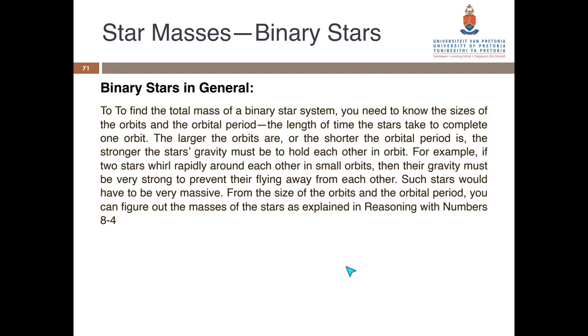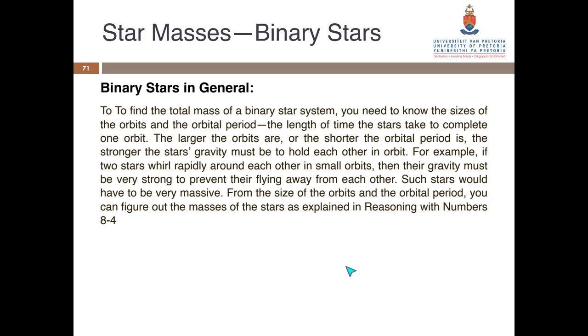So to find the total mass of a binary star system, you need to know the sizes of the orbits and the orbital periods, so the length of time the stars take to complete one orbit. The larger the orbital period is, the stronger the stars' gravity must be to hold each other in orbit.